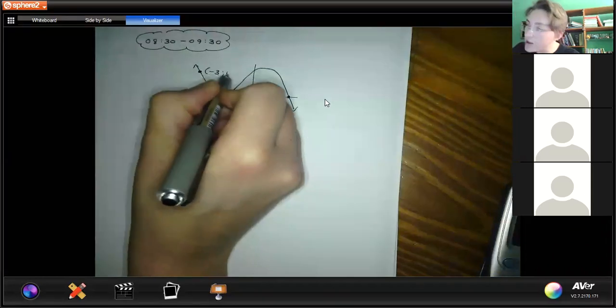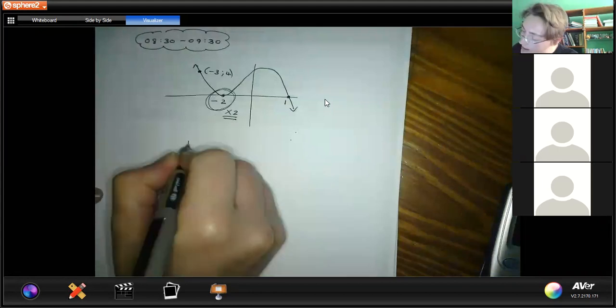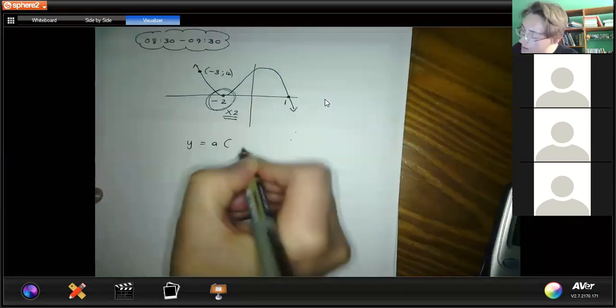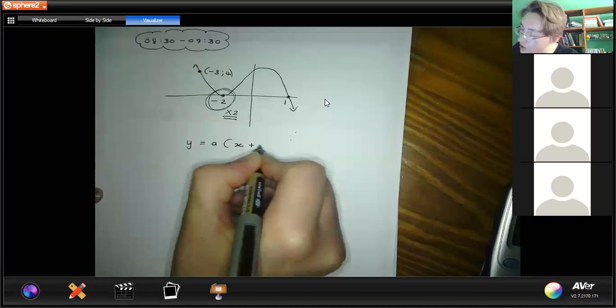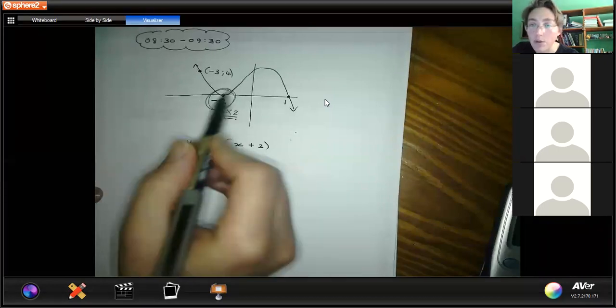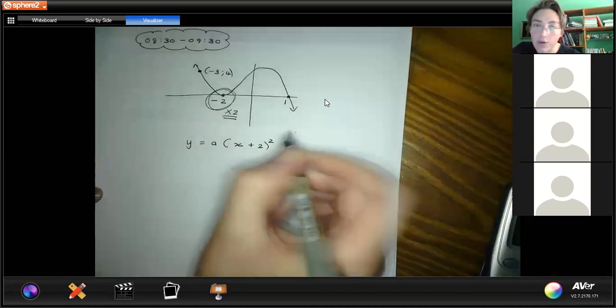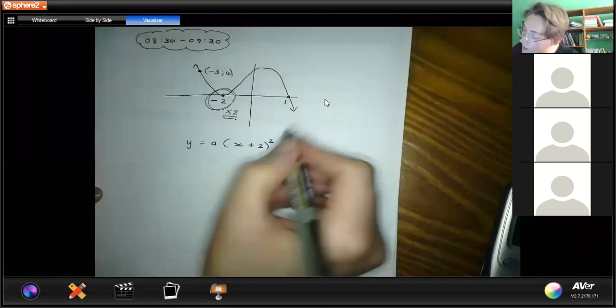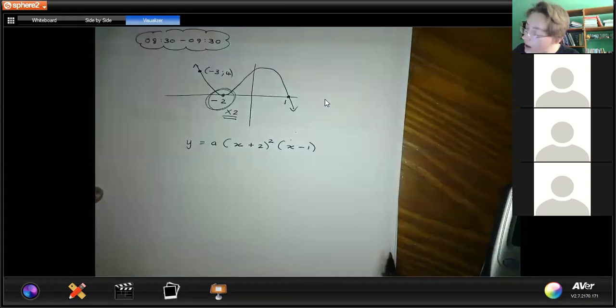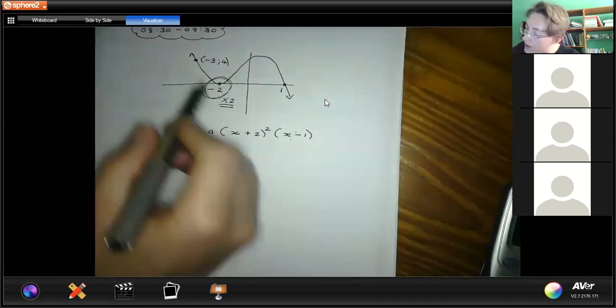So we can again go and say y is equal to a times x plus 2, because remember you have to go x minus -2, so it becomes x plus 2. And we're going to square that because it's also a stationary point. And then we've got x minus 1 right there. Then we're going to use that other point to get the a value.